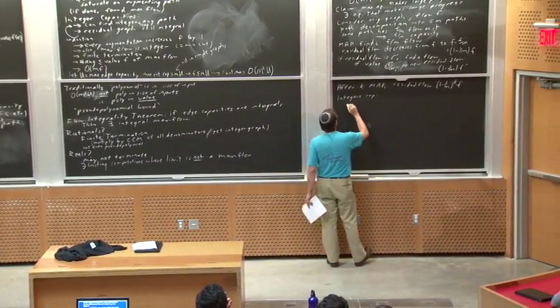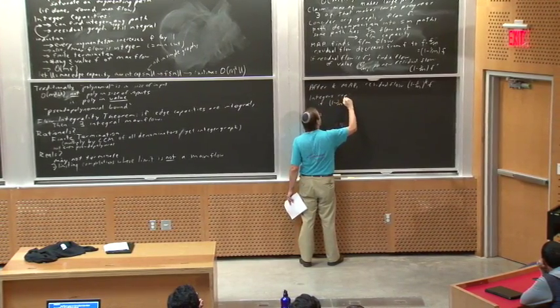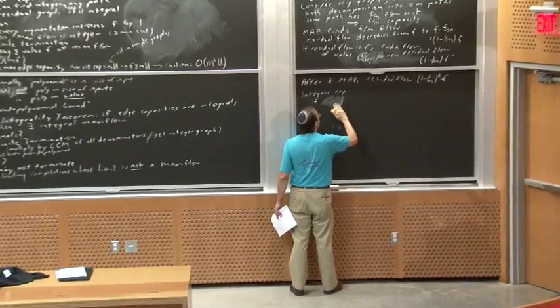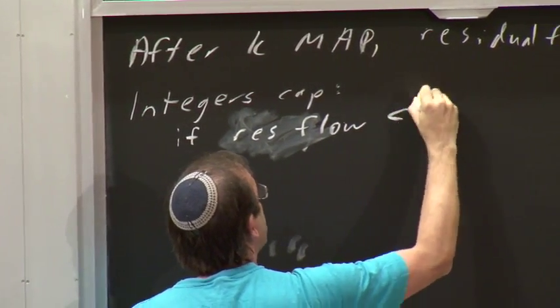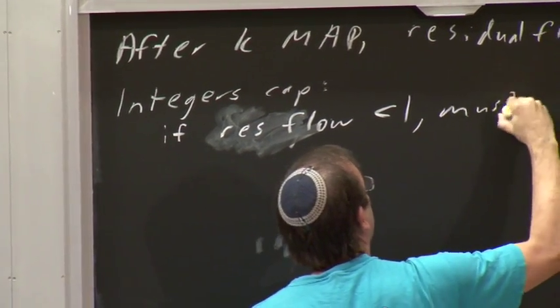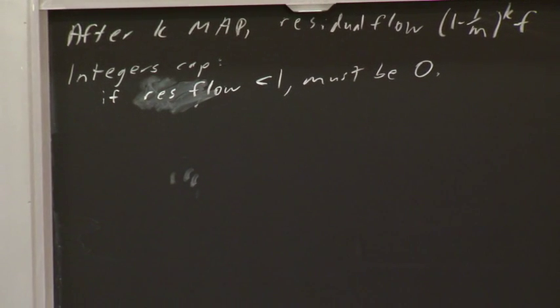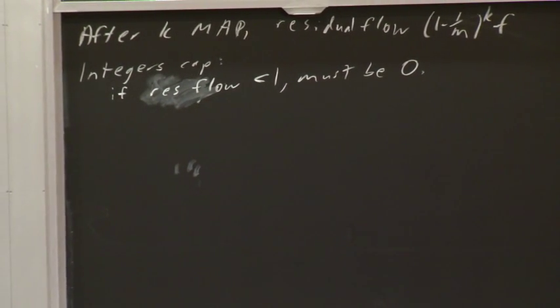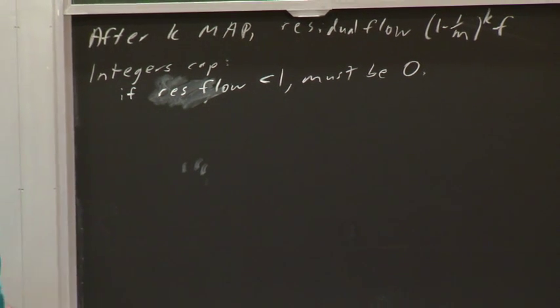Good. So the key observation is that if the residual flow is less than 1, then it must be 0. This is something we're going to use several times in this class. This fact that when you're working with integers, there's nothing between 0 and 1. So all you have to do is get things below 1, and you've reached 0.